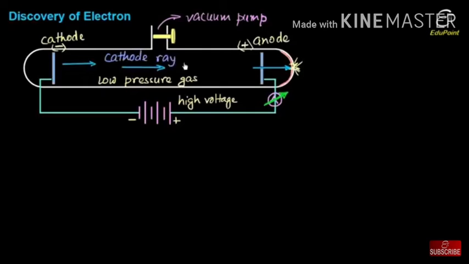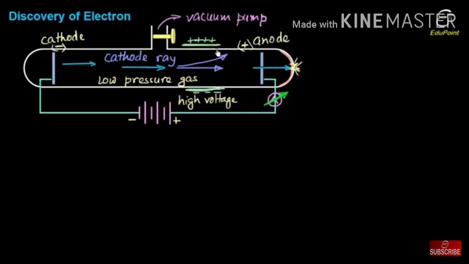This conclusion was drawn from the experimental observations when the experiment was done in the presence of an external electric field. Now, when an opaque object like a metal cross is placed in the path of cathode rays in a discharge tube, a shadow of the metal cross is formed at the end opposite to the cathode.